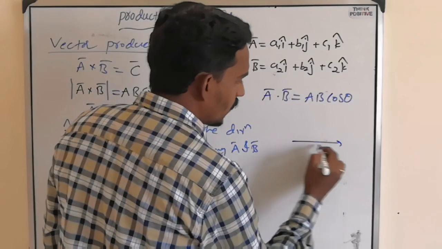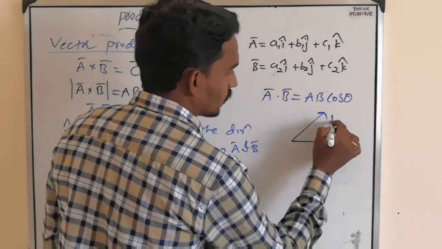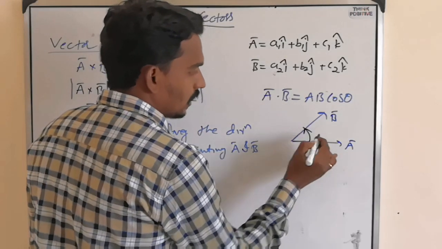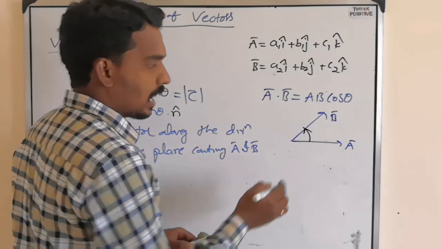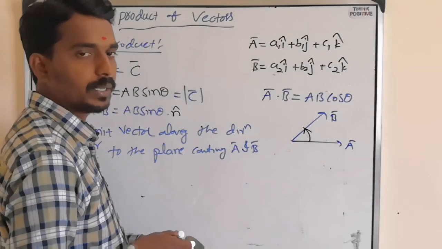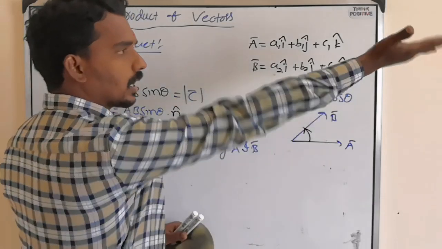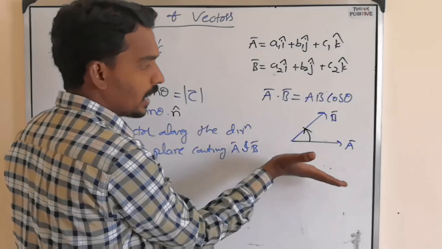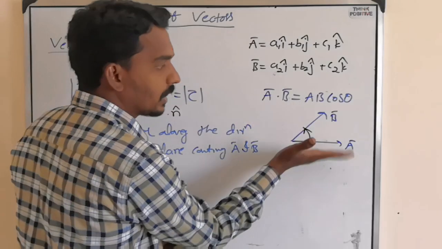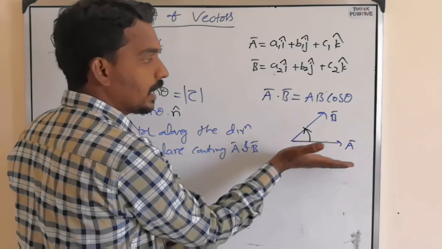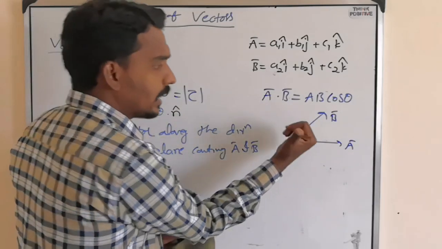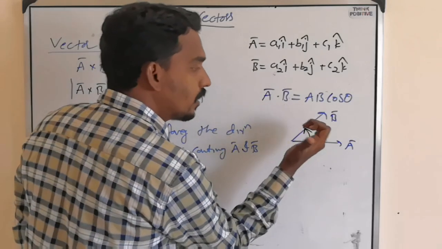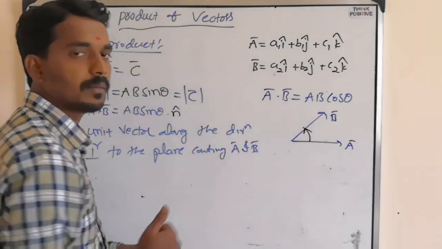You draw A bar and B bar starting from the same point. Then take an arrow from A to B. Then take your right hand such that you curl your fingers from A bar to B bar. Then the thumb gives the direction of A bar cross B bar.